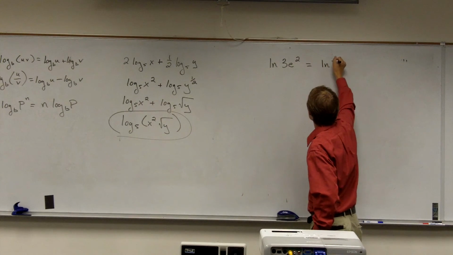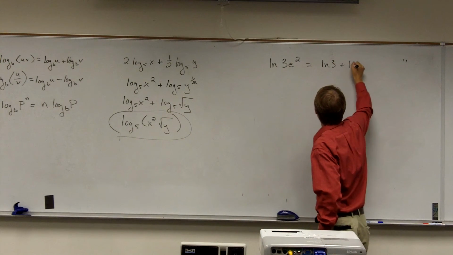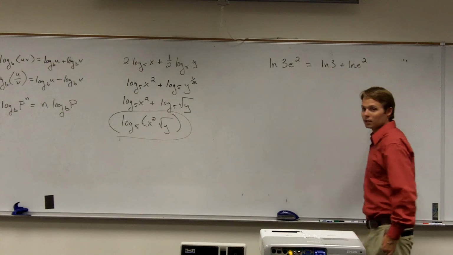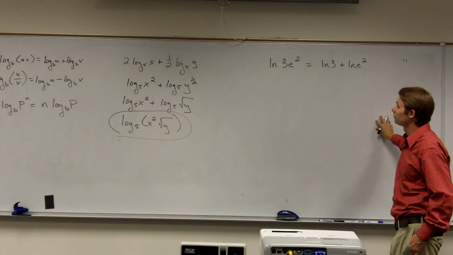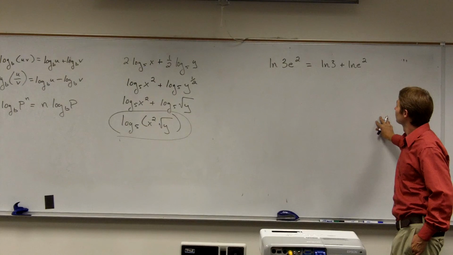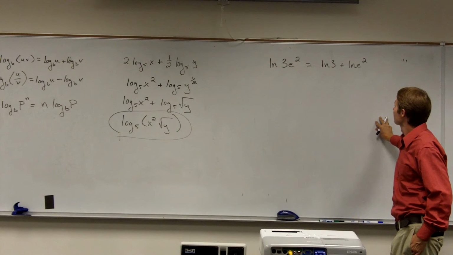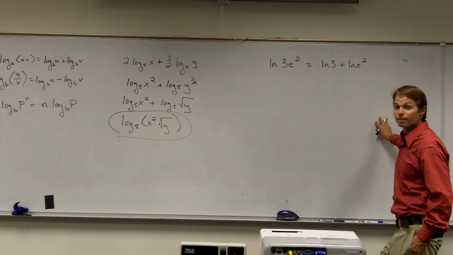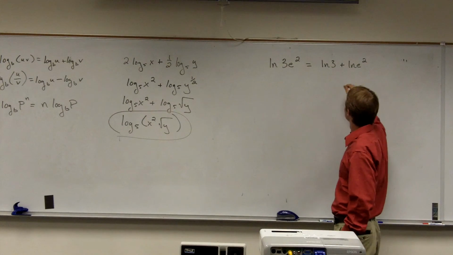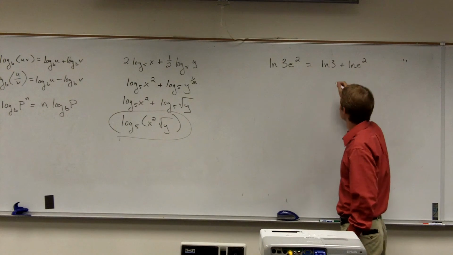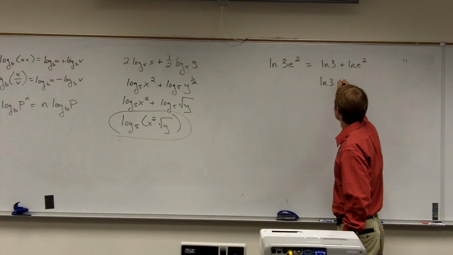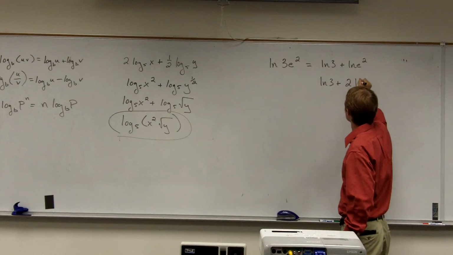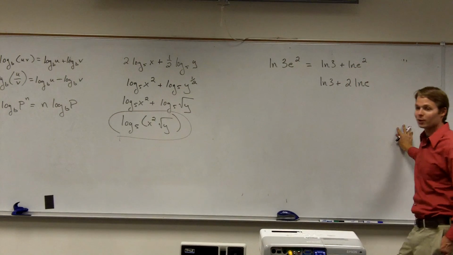So natural log of e cubed plus natural log of e squared. Move e squared in front of the ln e. Right, and that's what I would do next. I could pull that 2 down, and I'll have 2 times natural log of e.